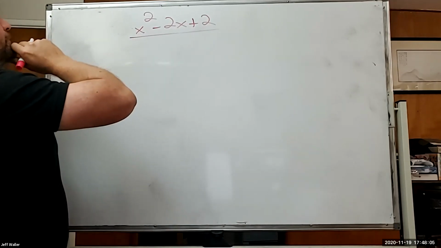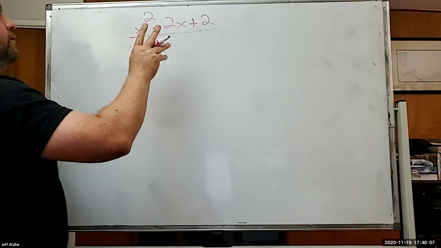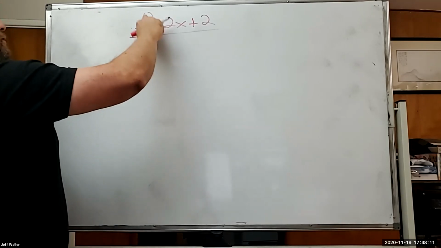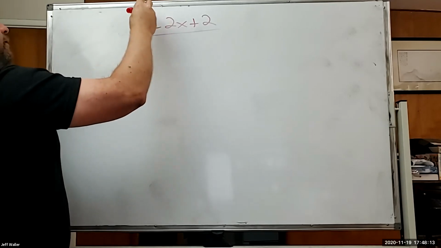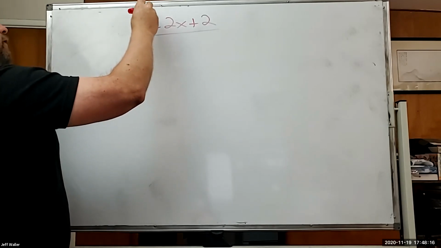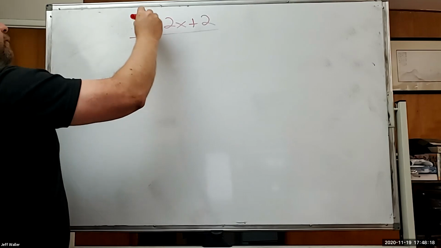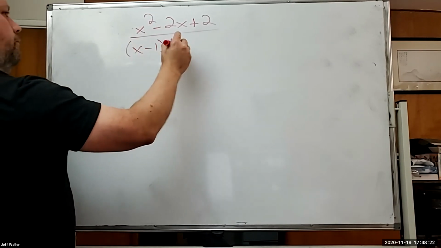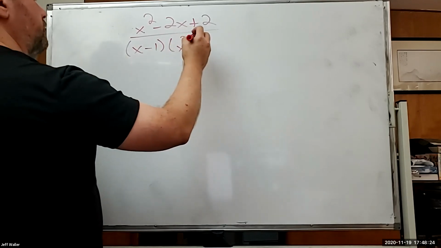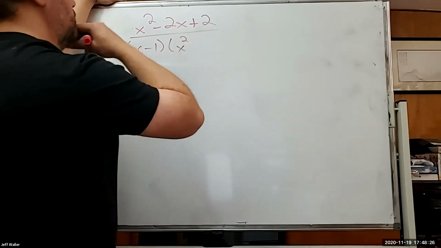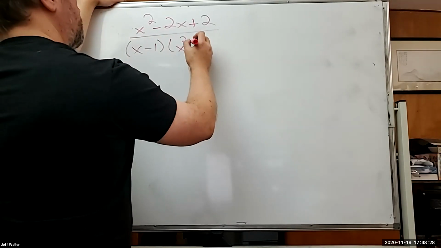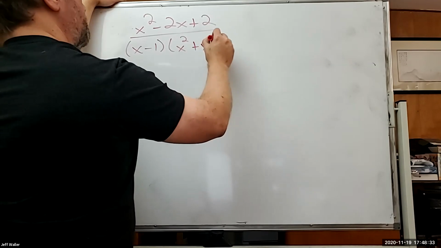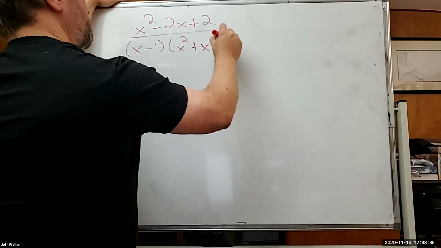Let's do no. Okay, let's do this. You could do it, Jeff. No, this will work. Yeah, this will work. Okay. Let's see how funkadelic this comes out to be. All right.